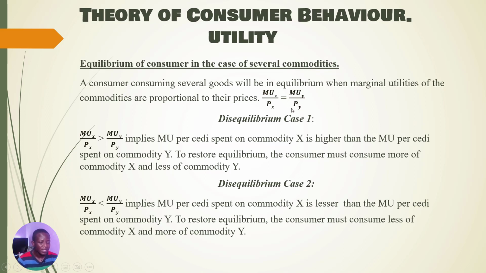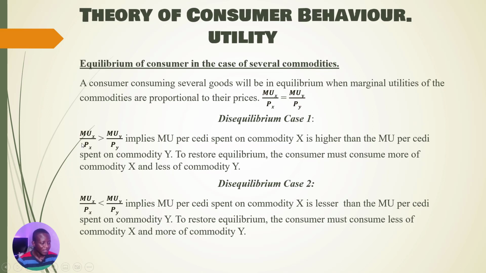That means the penny or the cent that you spend on commodity X, the marginal utility that you derive from that commodity should be equal to the same amount that you spend on commodity Y, which should give you the same utility from the consumption of commodity Y. In this instance too, there are two cases where there can be a disequilibrium.